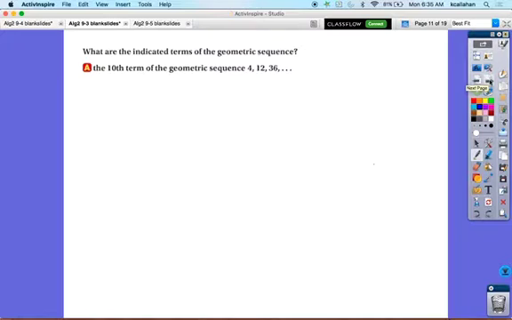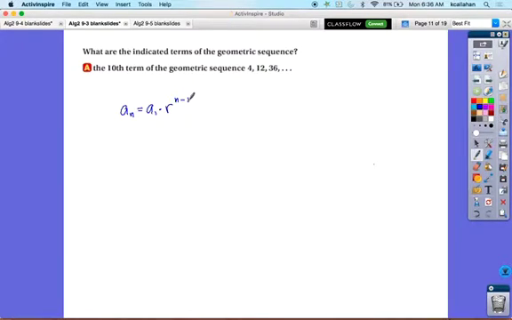Now, the formula to find the nth term of a geometric sequence, from the definition slide a few slides ago, was this: an equals a1 times r to the n minus 1. So the two things that we need to plug in are a1 and r.